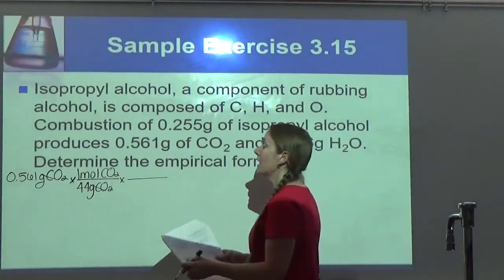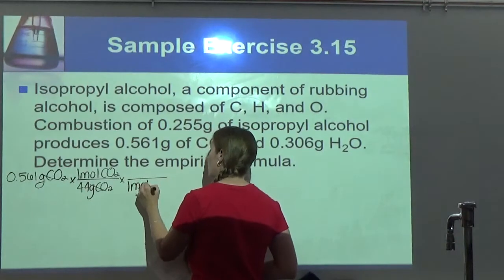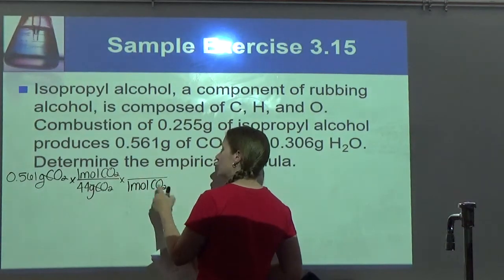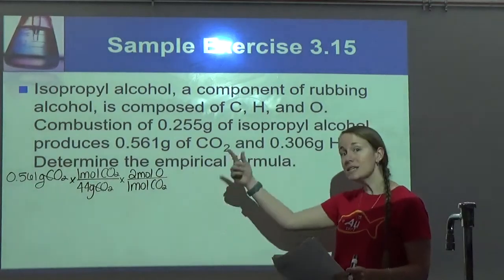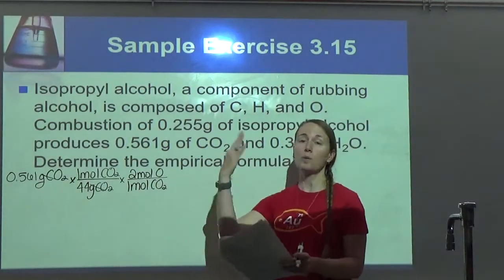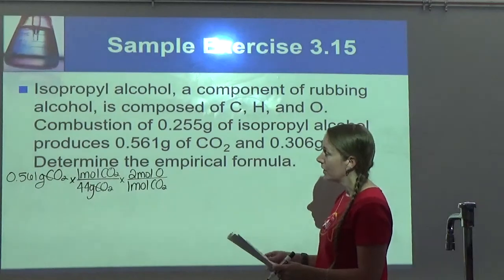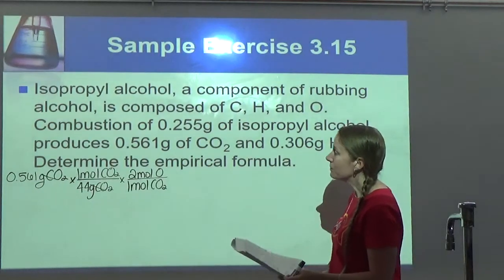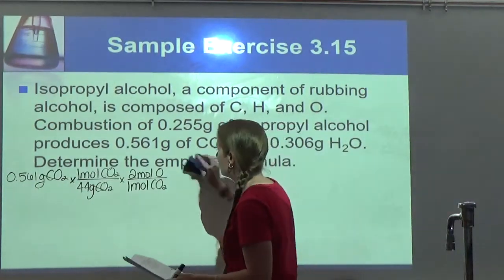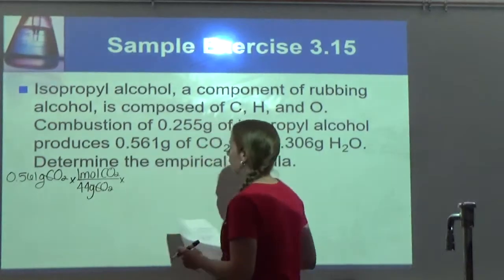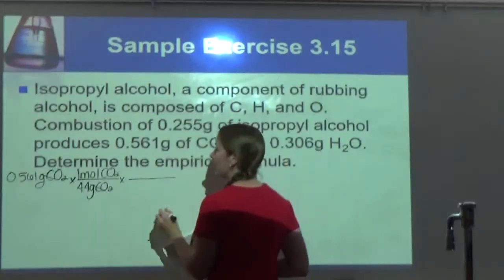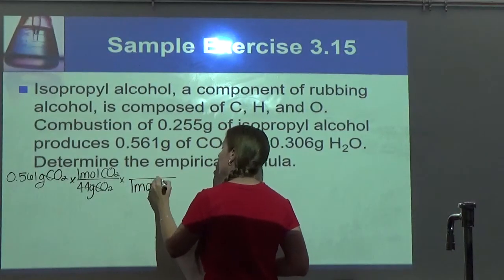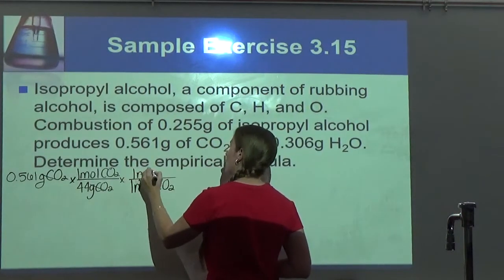Once I know that, I can say, okay, well 1 mole of CO2 is 2 moles of oxygen. See, this is like what we did in our previous video where we're pulling out one element. Whoops, I'm sorry, I'm trying to go to carbon right here, so I don't want oxygen in. So scrap that, that would be right if I was going to oxygen. I forgot I'm picking carbon. So 1 mole of CO2 is 1 mole of carbon.